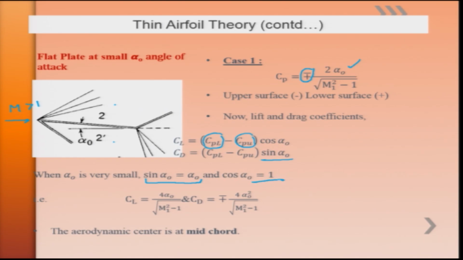In turn, Cl and Cd can be readily obtained using this equation: Cl is equal to 4 alpha naught upon square root of M1 square minus 1, whereas Cd can be written as 4 alpha naught square upon square root of M1 square minus 1. And note down that the aerodynamic center is at the mid chord of this flat plate airfoil.